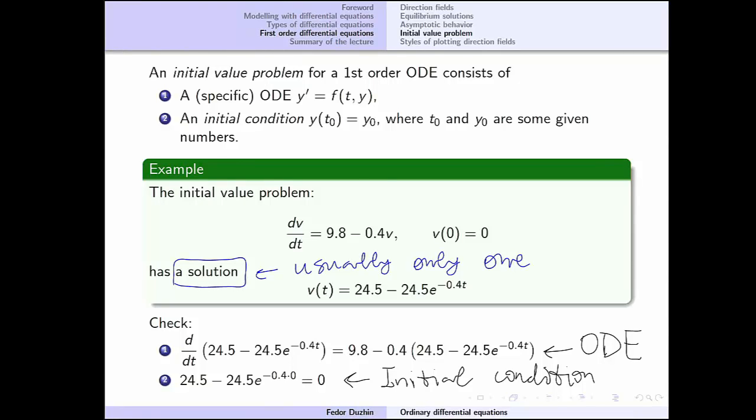So later in a few weeks we will learn a general theorem that tells us that under certain mild restrictions the initial value problem always has a unique solution, so that there is one and precisely one solution. But for the time being it's just good to know that a differential equation has infinitely many solutions, but its initial value problem always has just one solution.